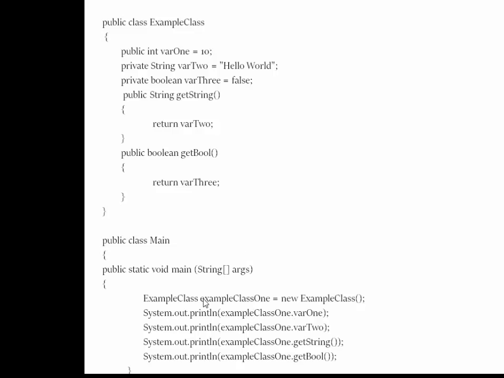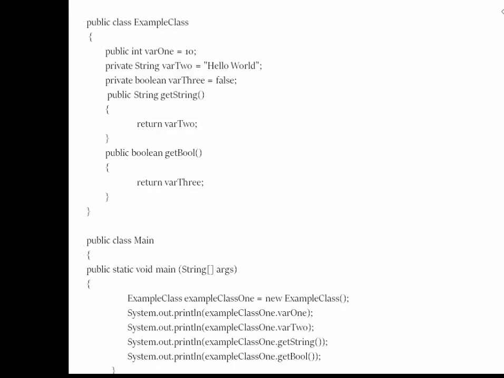Here var1 will display the value which is stored in this variable. After that var2 will display the value stored in the variable var2, that is hello world. And if you want to access the method of this class, in this case also we can use the dot operator with the object reference variable.